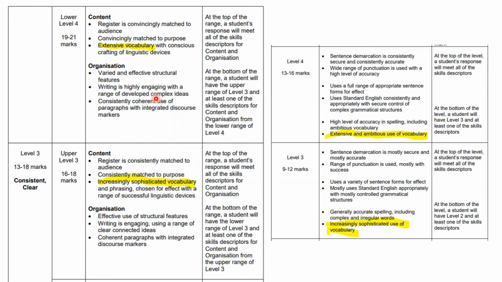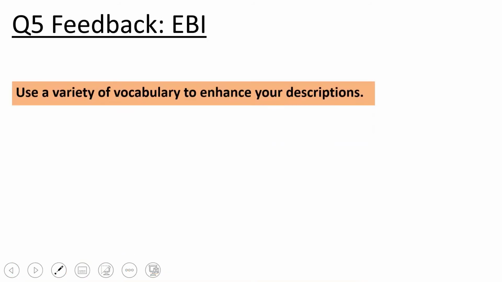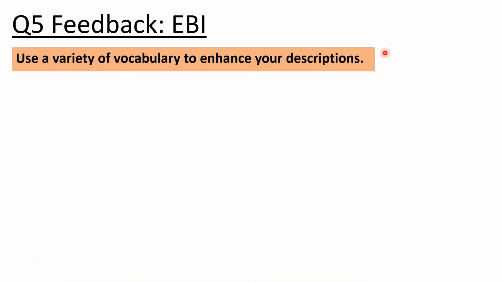So how do we do this? So we need to use a variety of vocabulary, and it's for the purpose of enhancing our descriptions, making our descriptions better, more interesting, more exciting.